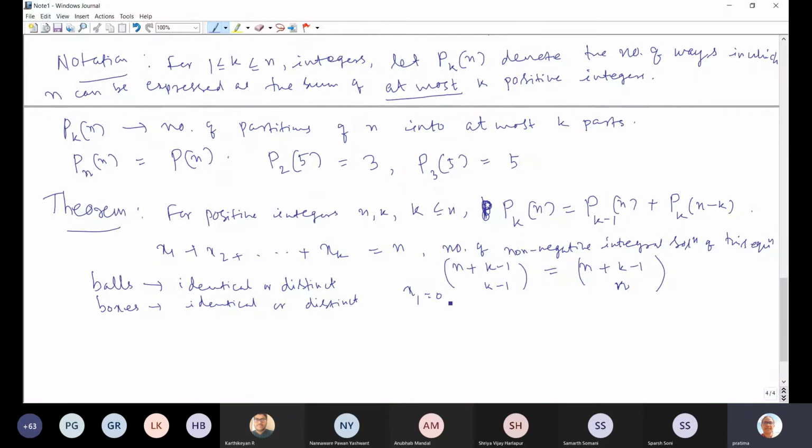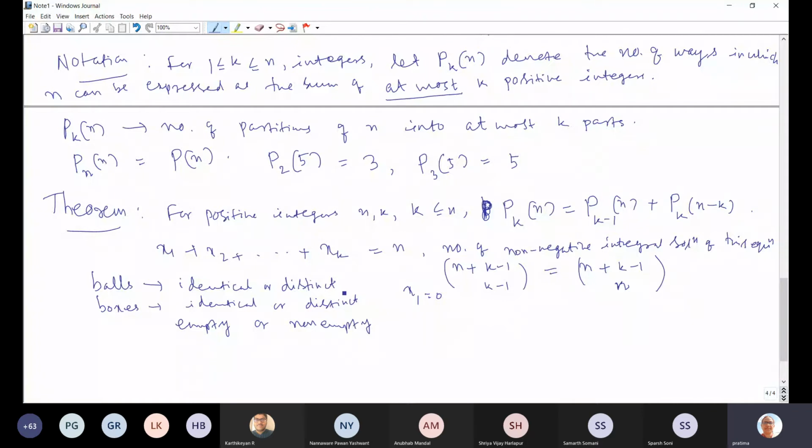So the boxes have two possibilities: empty or non-empty.